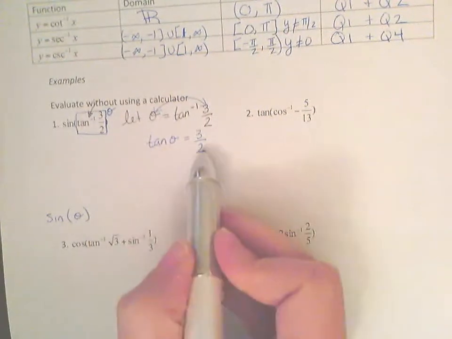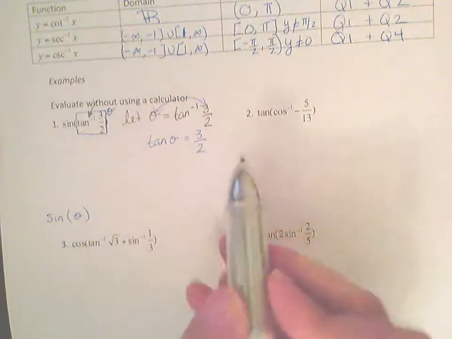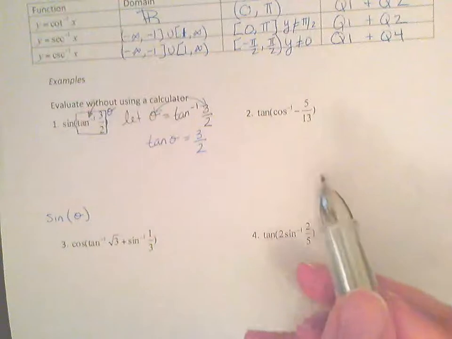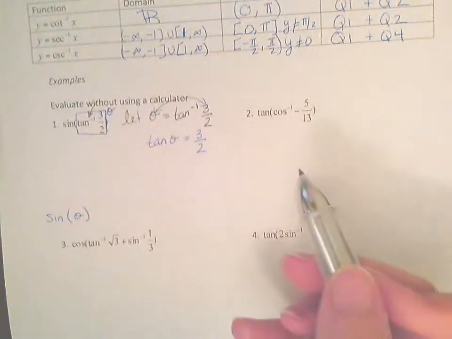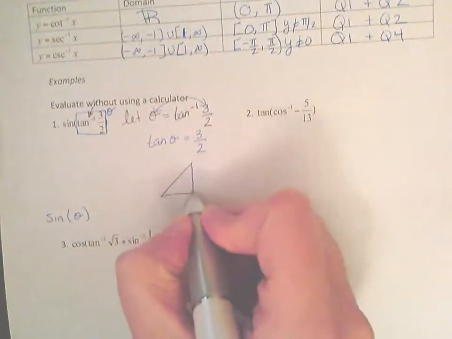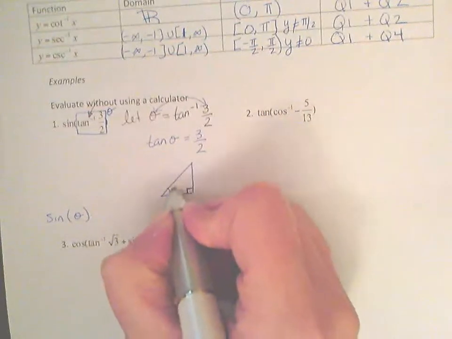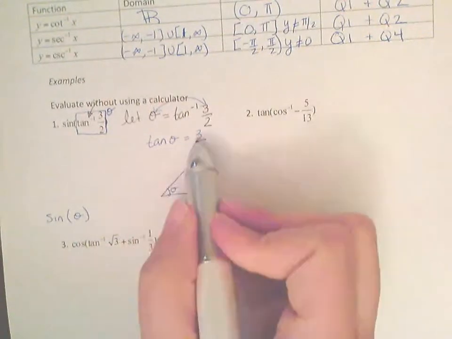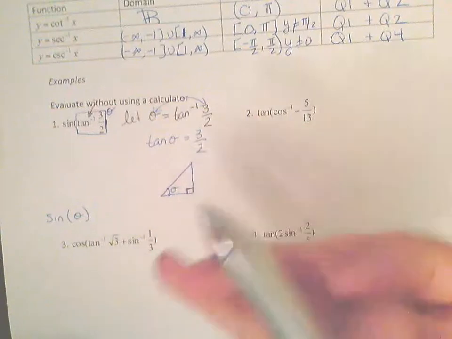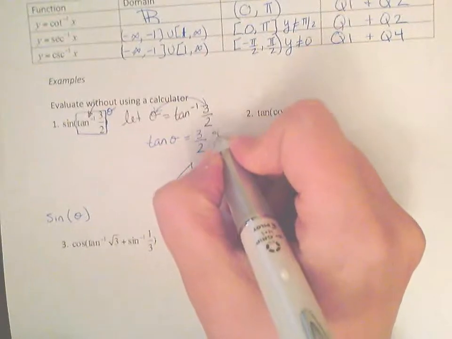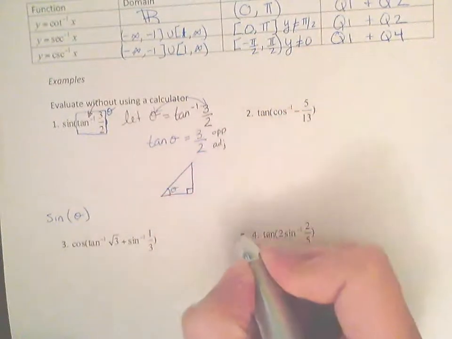So when we're given this information, we can basically figure out the three parts of the triangle. So if I draw my right triangle right here, and let's let this guy be theta, whatever theta is, I mean, who cares at this point? And we know that tangent of theta is 3 over 2. If you remember SOHCAHTOA, tangent is TOA, so opposite over adjacent.